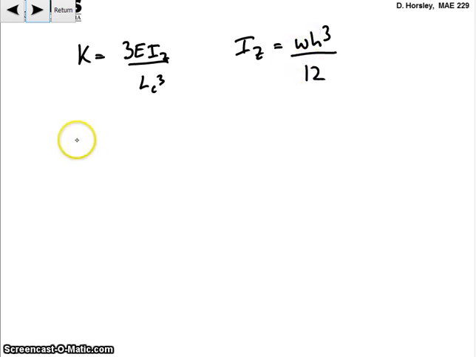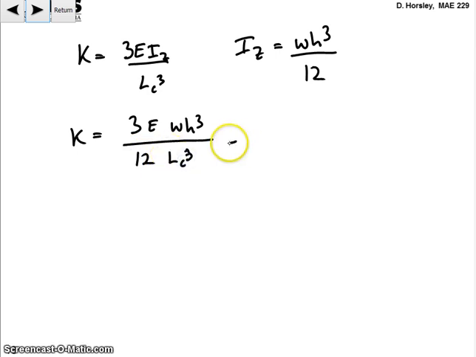And so we can rewrite this K as 3E WH cubed over 12 LC cubed. So we can write it as 1/4 E W times H over L cubed. Okay.